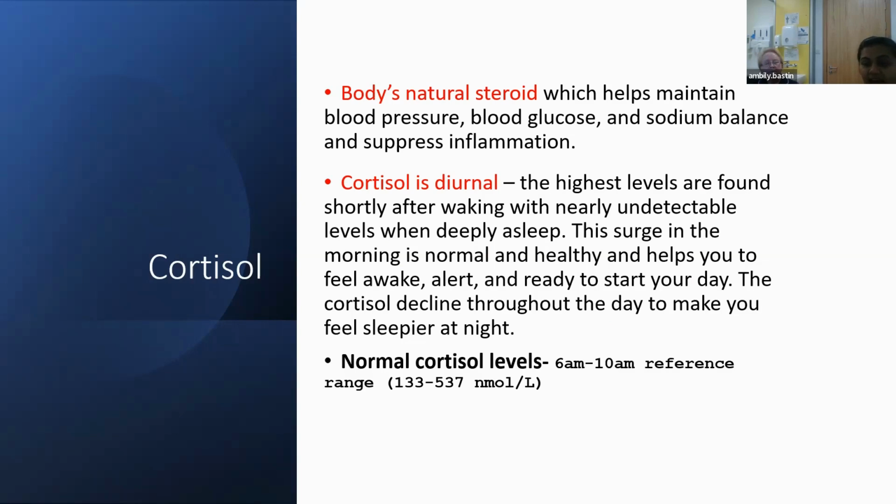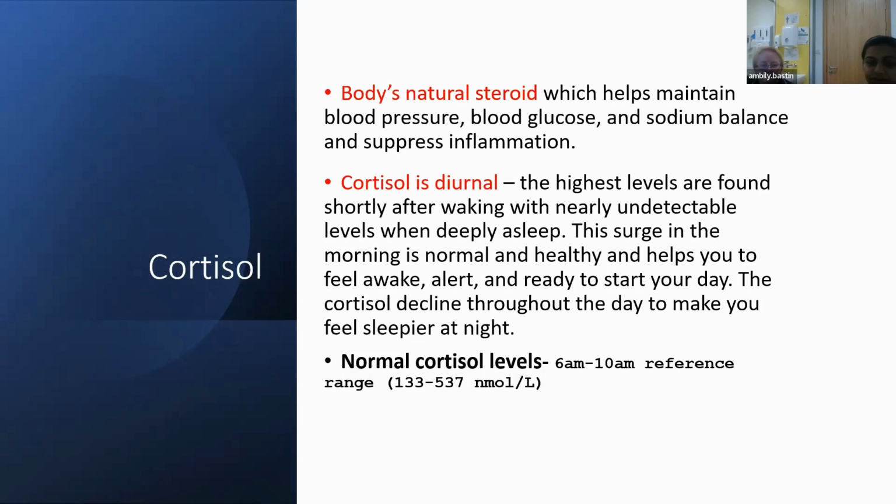We can see the highest levels of cortisol in our blood shortly after waking, and they are nearly undetectable when we are deeply asleep. This surge in the morning is very normal and healthy, which helps us to feel awake, alert, and ready to start our day.